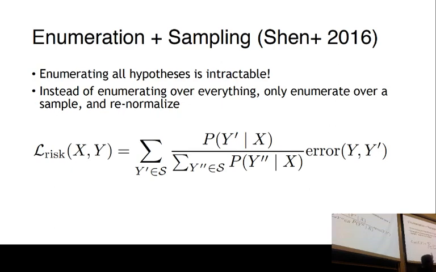The difference between that and before is that we have this re-normalization term, where in order to make this thing sum nicely to 1, the probability is now computed within the sample. So let's say we sampled 3 things. One is the correct output, to which our model gave 0.1.